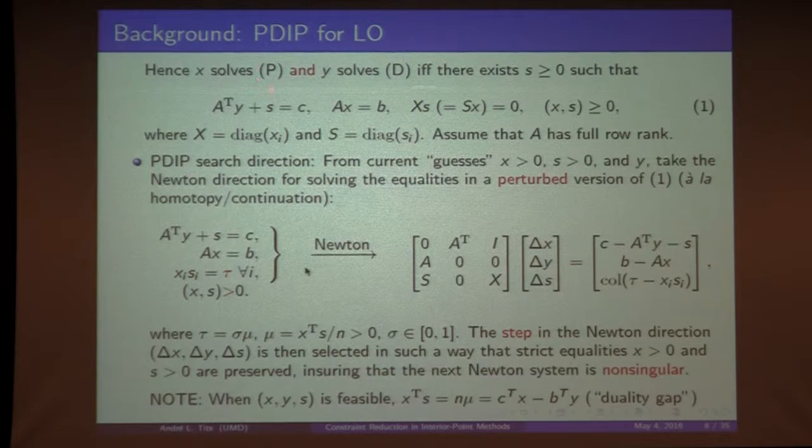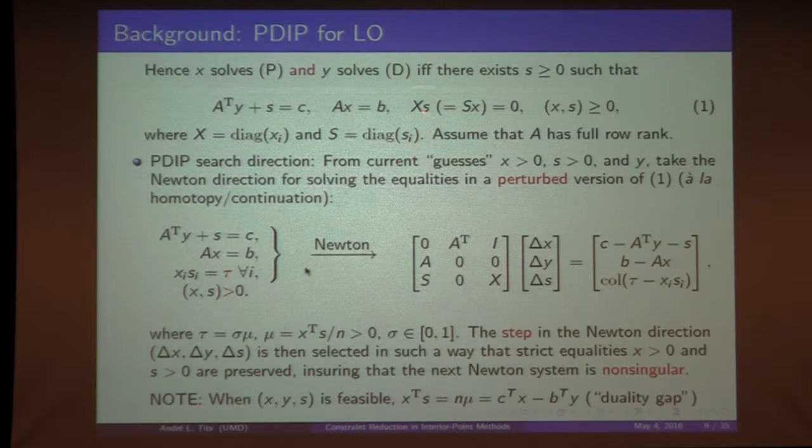So x solves P and y solves D if and only if there exists S such that these conditions are satisfied. This was the gradient of the Lagrangian for the primal and feasibility for the dual. This is feasibility for the primal and gradient of the Lagrangian for the dual. And this, by the way, capital X and capital S are diagonal matrices with the xi's and si's on the diagonal.